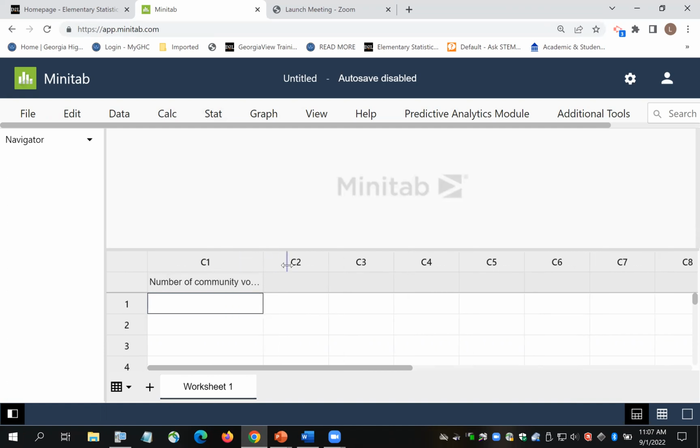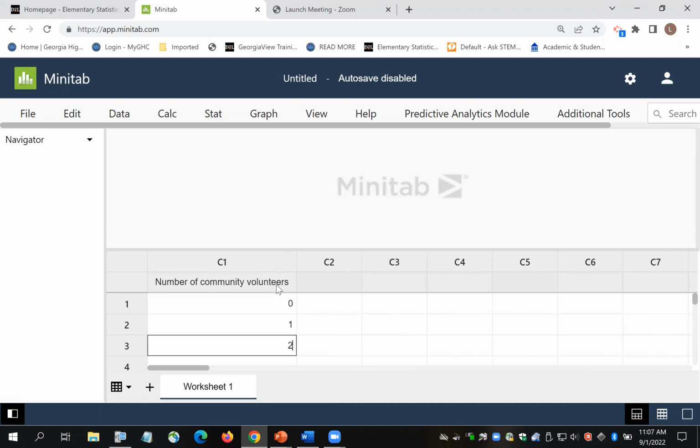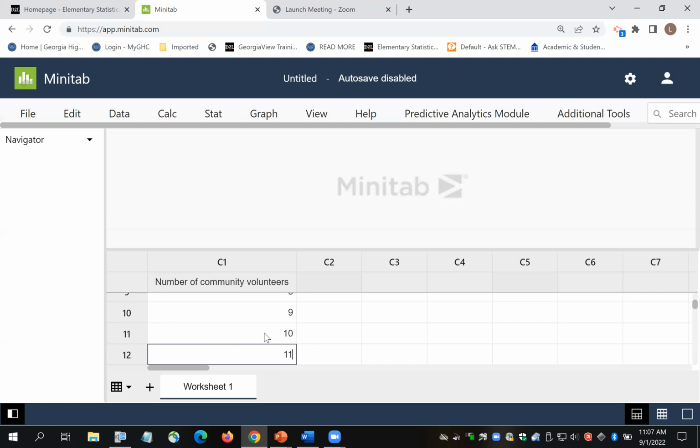Again, you never want to enter a column of data without labeling it. So I'm doing that. We said we could have 0, 1, 2, 3, 4, 5, 6, 7. Having trouble typing this morning. 8, 9, 10, 11, 12, 13, 14, 15, 16, 17, 18, 19, 20.